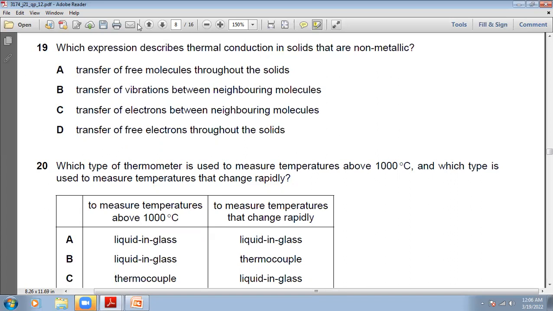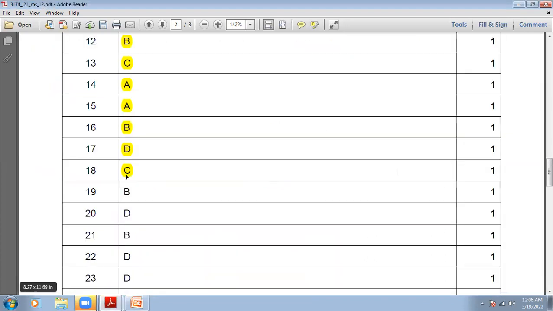Transfer of free electrons throughout the solid, no, because he said non-metallic. The non-metals don't have free electrons. Transfer of vibrations between neighboring molecules looks the best option. So question number 19, I think B looks the best option to me.